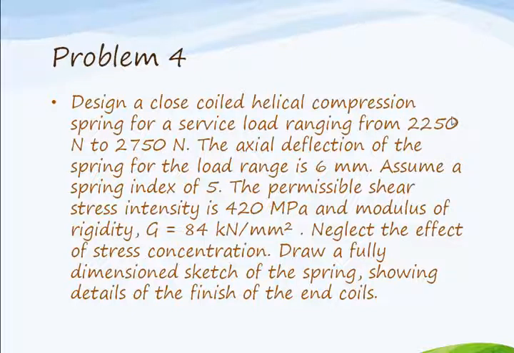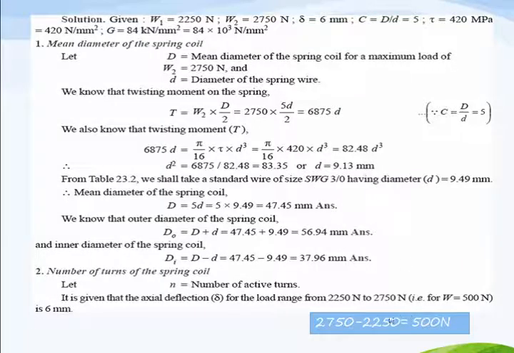Here the load range is 2250 to 2750. If you do the calculation, 2750 minus 2250, you will get 500 newtons. That will be the load range here, and this is for 6 mm deflection.